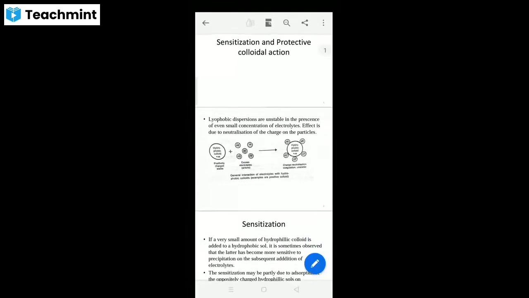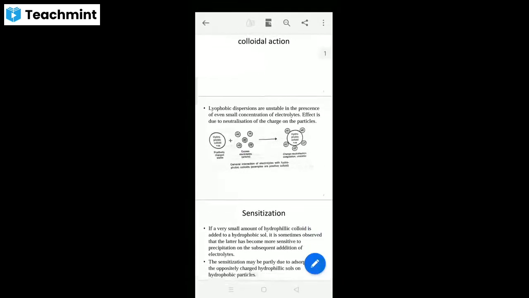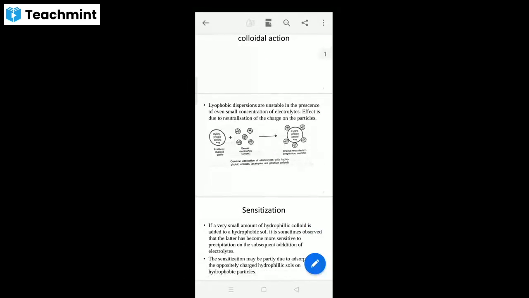As you can see in the picture, lyophobic dispersions are unstable in the presence of electrolyte. As we have seen earlier, lyophobic colloids are charged moieties, either positive charge or negative charge.